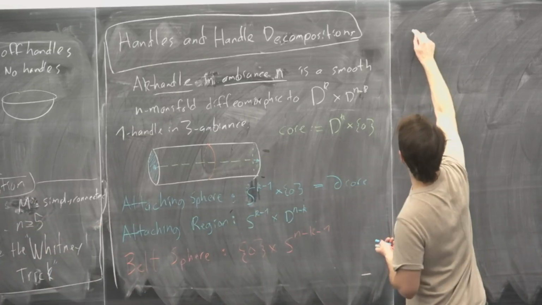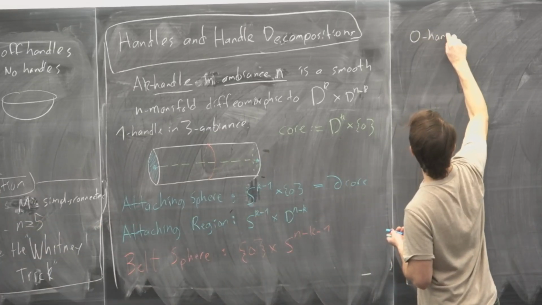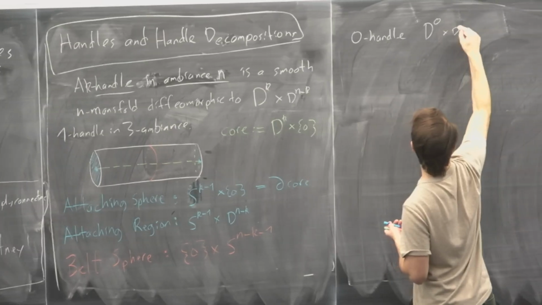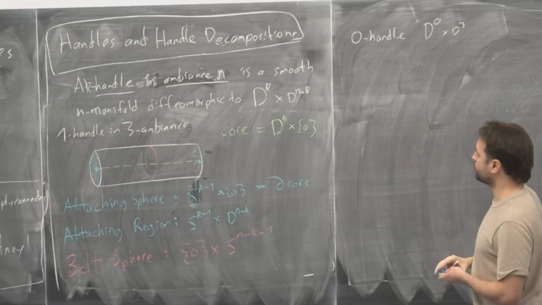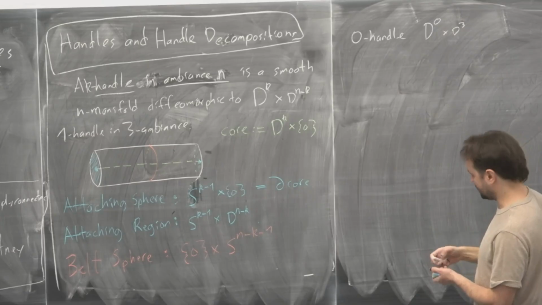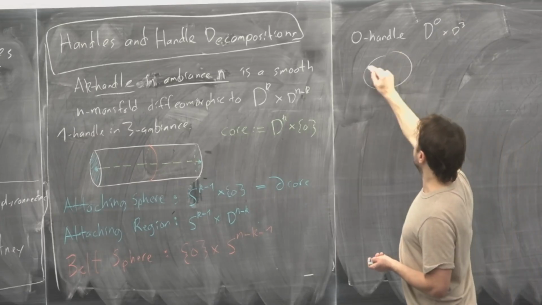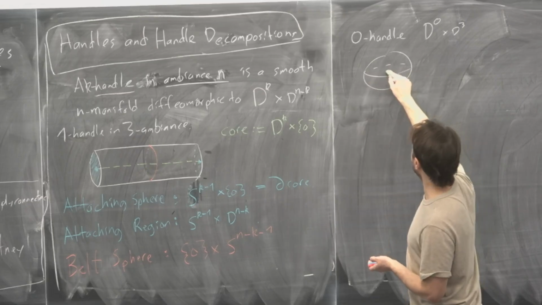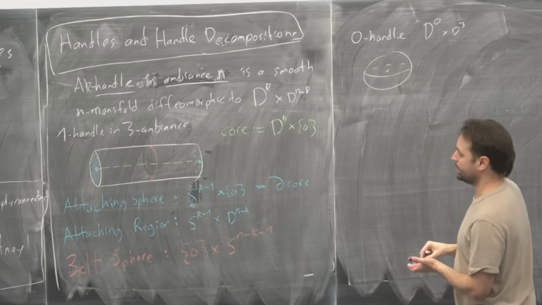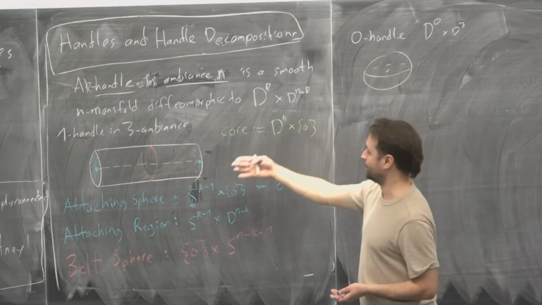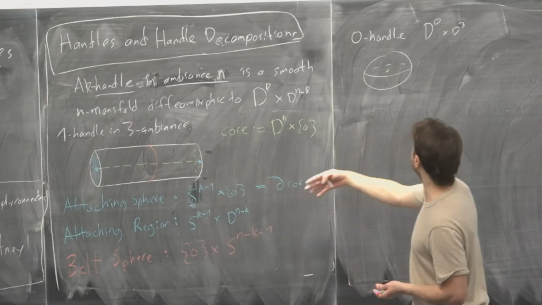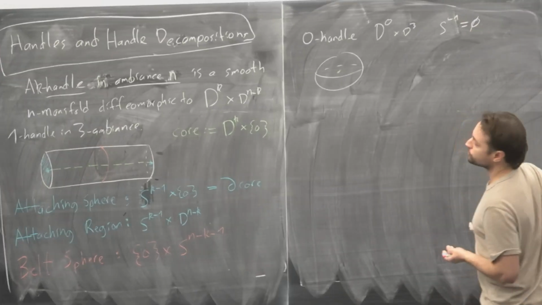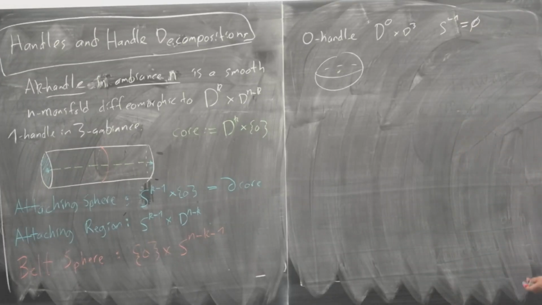So let's try a 0-handle. This is going to be D^0 times D^3. Well, the core is just going to be the central point. Here's our disk. The core is going to be the epicenter. The attaching sphere is S^(-1), the empty set, and so the attaching region is also empty.